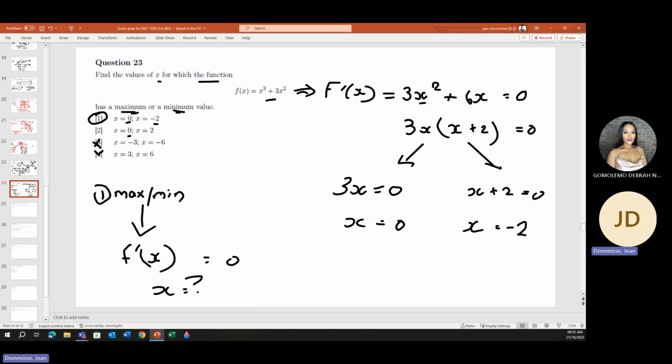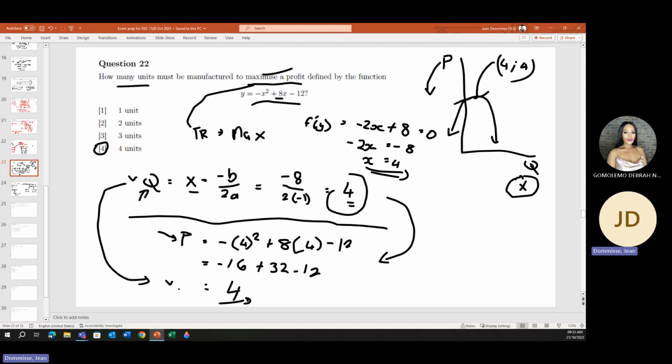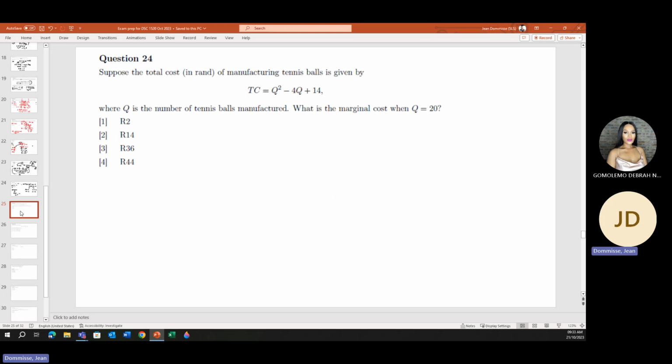So it doesn't matter if it is a straight line, a cubic line like this one, or a quadratic line like this one. Whenever you differentiate it, you will get your maximum point or points. Okay, and again, very interesting question. In this paper, they've asked a lot of these ones.